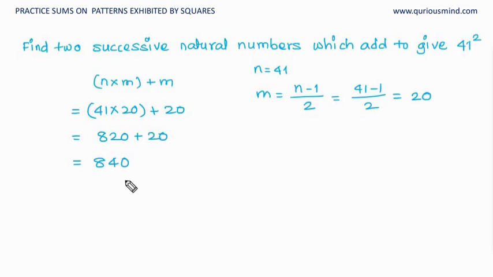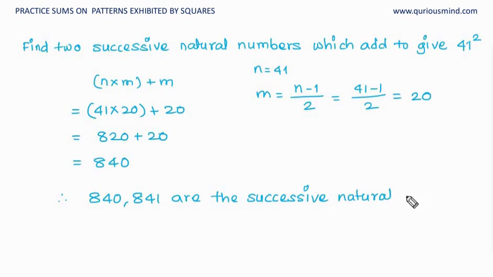So 840 is the first number, and the second number would be 841. Therefore, 840 and 841 are the successive natural numbers whose addition is the square of 41.